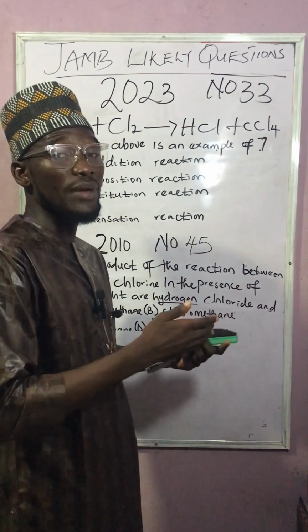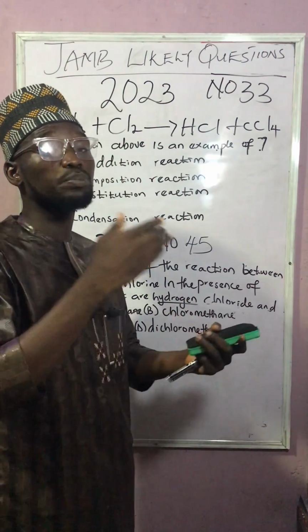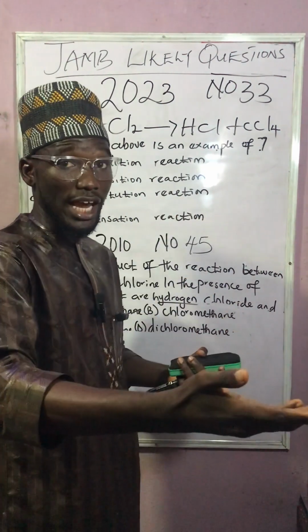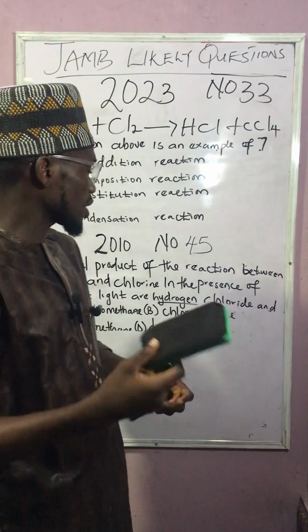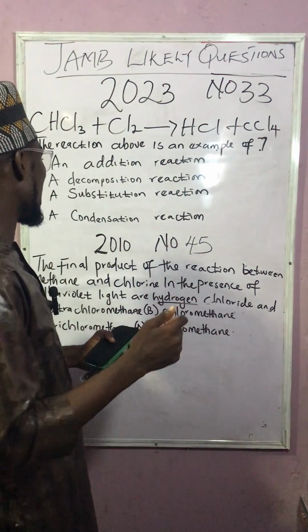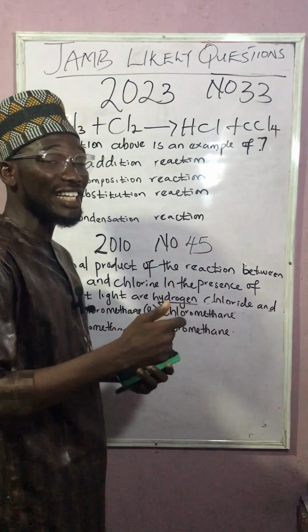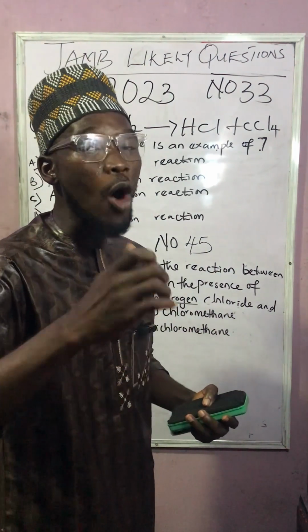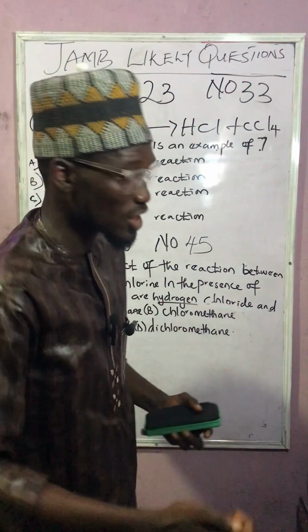Is that clear now? When they react with alkane, they will produce haloalkane with hydrogen chloride. So now, before we can decide on the answer, a substitution reaction is likely the answer, but no, that is not the final answer until we explain the last option.